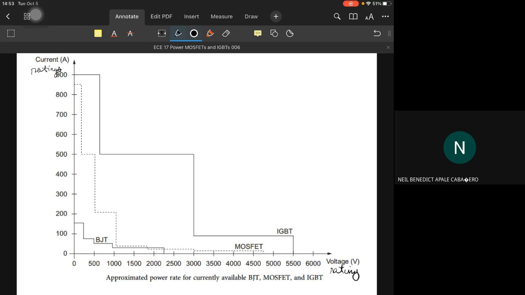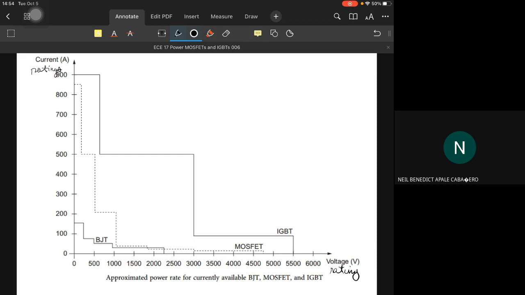Okay, it might be we want an IGBT pero wala available, MOSFET lang, so di ba? Pero here, mas versatile actually sa kanilang graph, and I hope this graph actually accurately depicts all the kinds of BJTs, MOSFETs, and IGBTs.